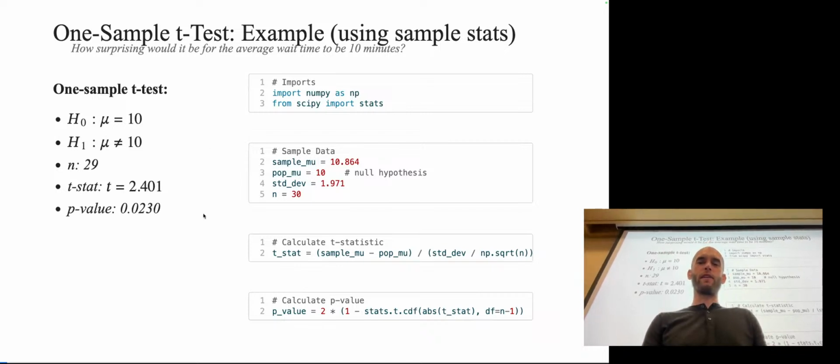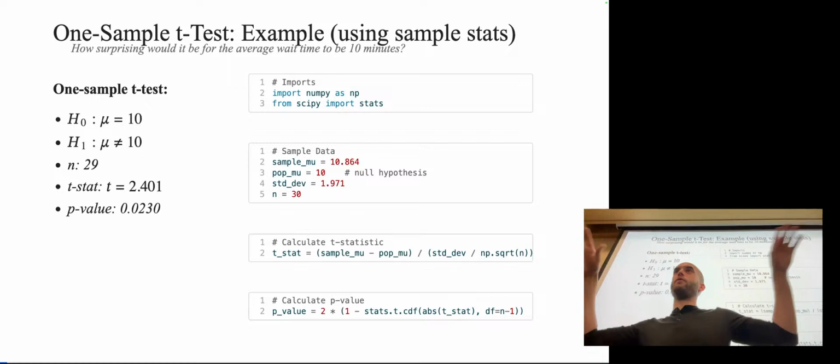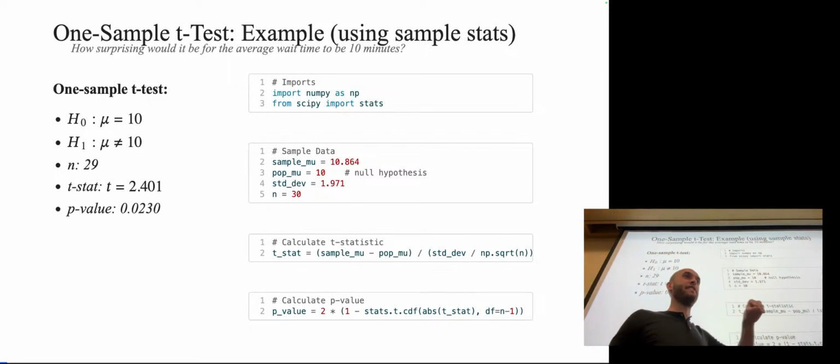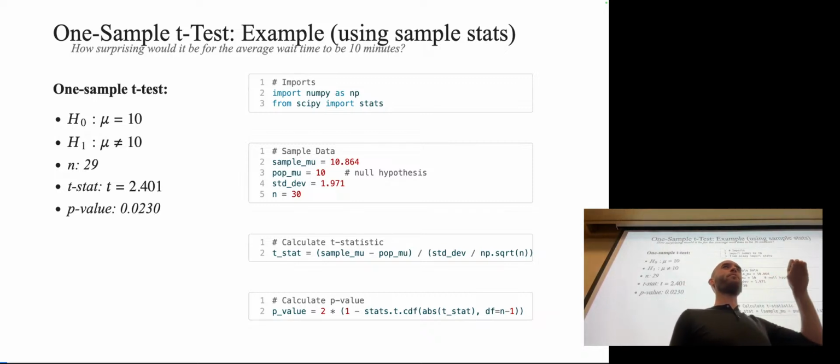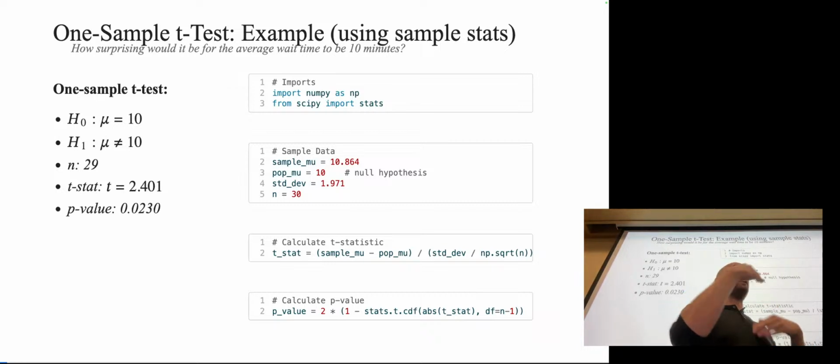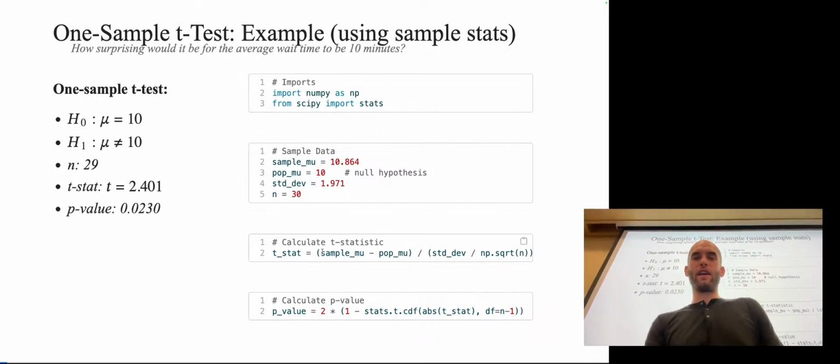We just walked through this example using summary statistics to characterize the t statistic, and then we used the t statistic with the CDF of the t distribution to give us a p-value. We calculated the t, and then we calculated the p-value from the t statistic using the t distribution.